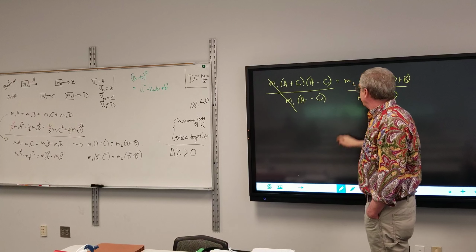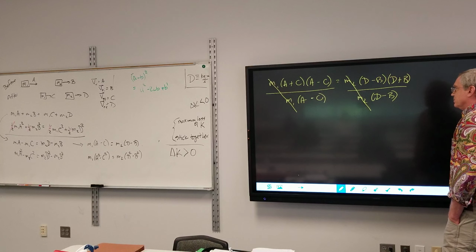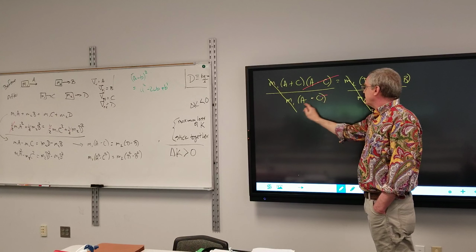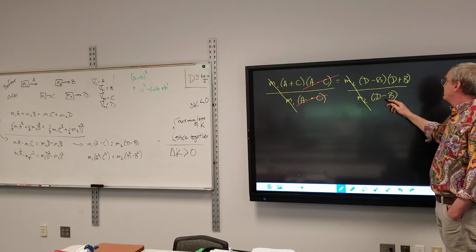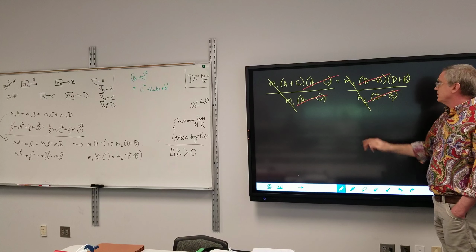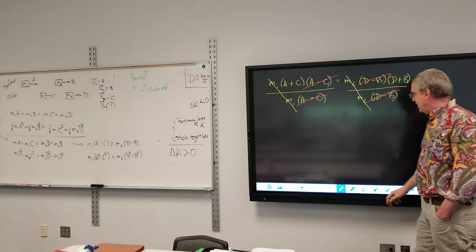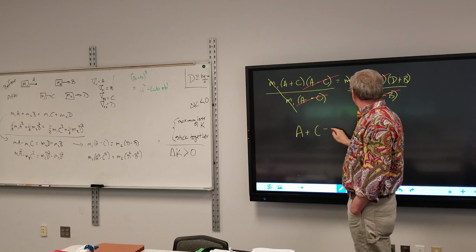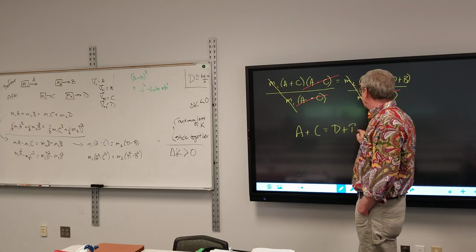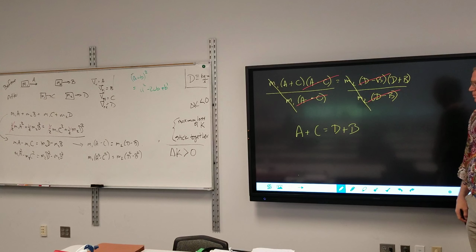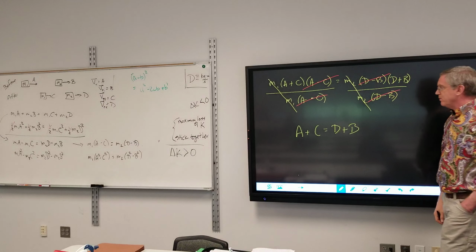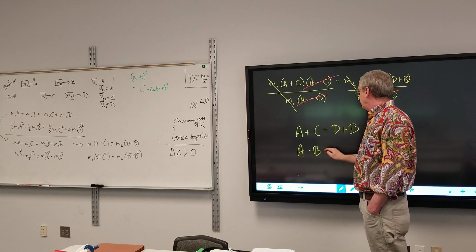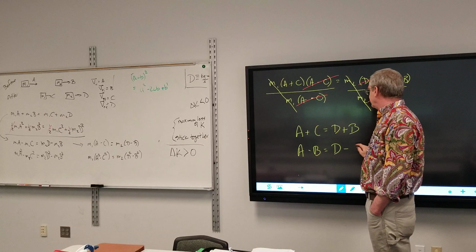Mass 1 cancels out, mass 2 cancels out, A minus C cancels out, and D minus B cancels out. It boils down to A plus C is equal to D plus B. Traditionally it's written slightly differently, getting the initials together, so that's A minus B is equal to D minus C.